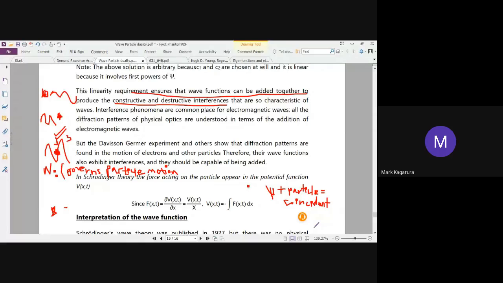So in the Schrödinger equation, this V is the same as all the forces acting on the particle. All forces on these particles show up as potentials.